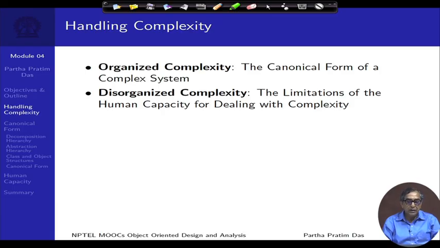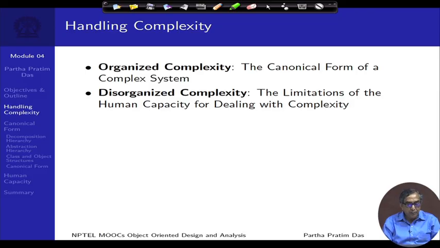This is a kind of complexity where we are able to find structure, we are able to find patterns, we are able to devise tools and mechanisms by which we can approach the whole problem better. So, we will discuss those, leading to a certain kind of canonical, standardized form for a complex system. Any complex system we want to design, we will try to express in this canonical form, and that is why it is called organized complexity.